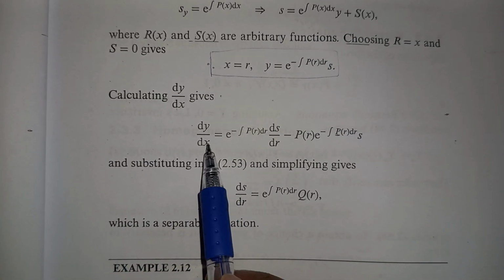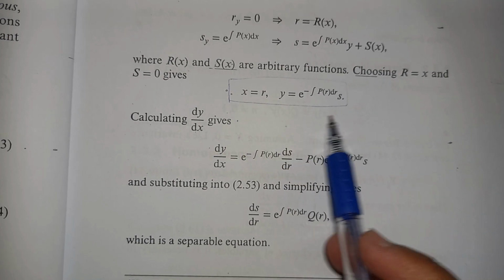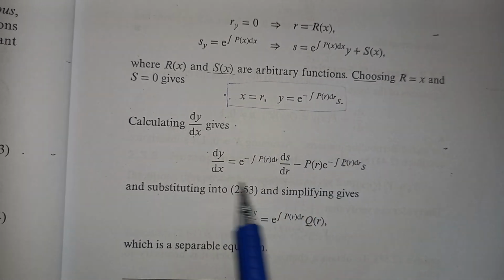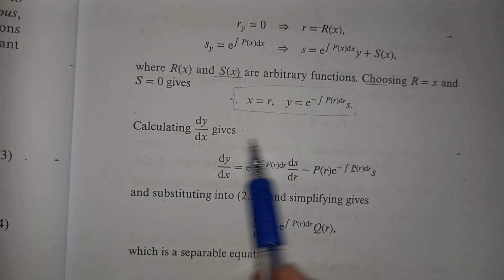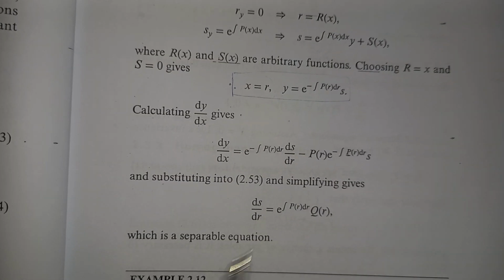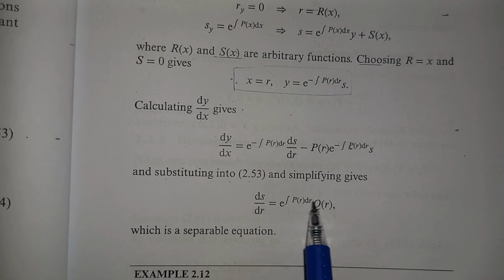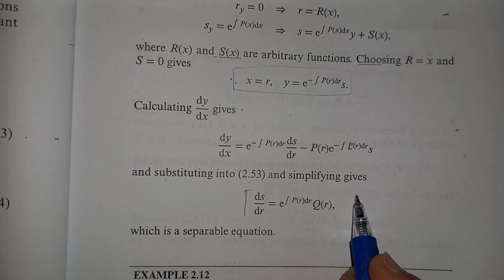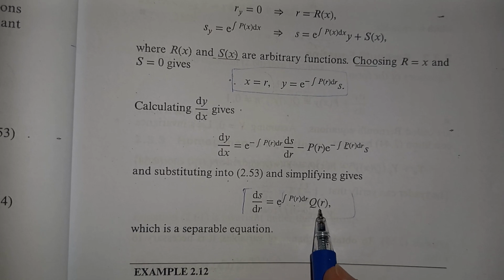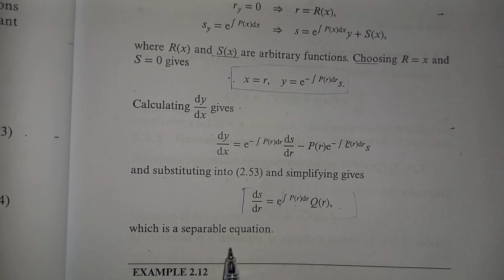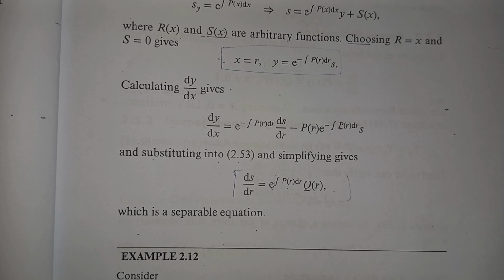So if you find the value of dy, you should take the differential of y and then the differential of x, then you will get this value. And if you substitute it into the original equation and simplify it further, then the answer will be ds by dr is equal to e raised to power integral p of r dr into q of r, and that is a separable equation.